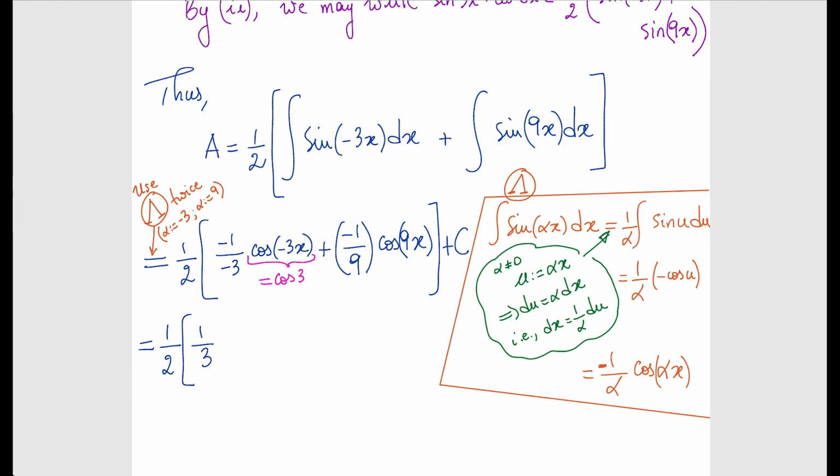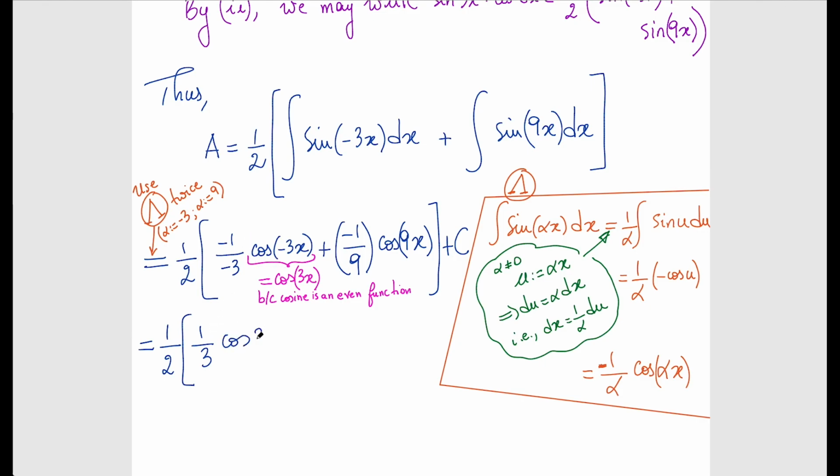Then we get cosine of 3x because cosine is an even function, right? Correct? Which means cosine of negative theta is equal to cosine of theta.